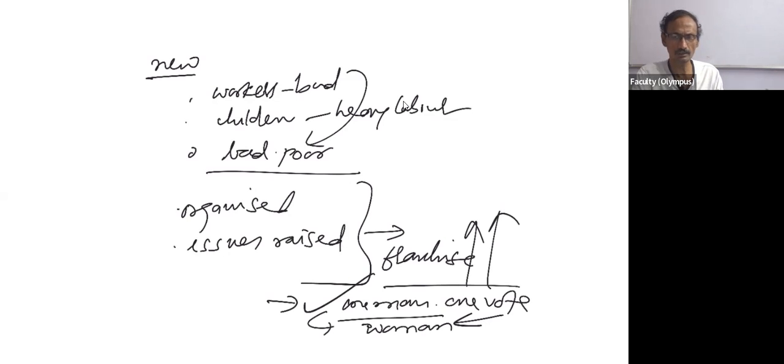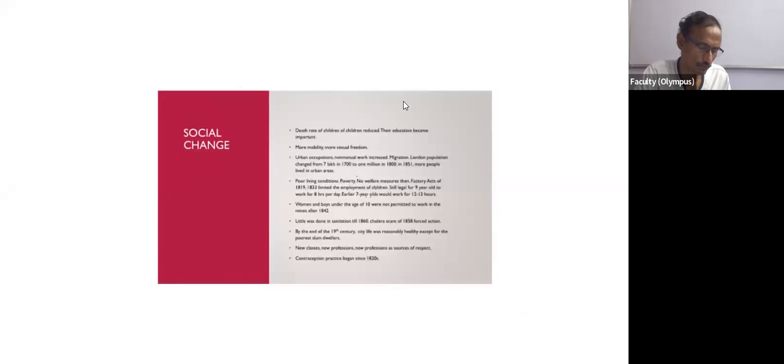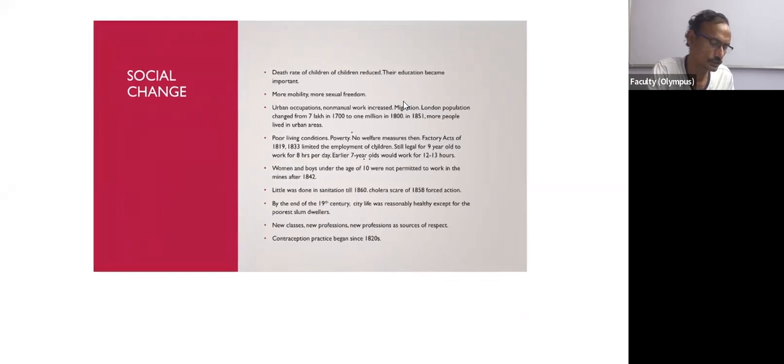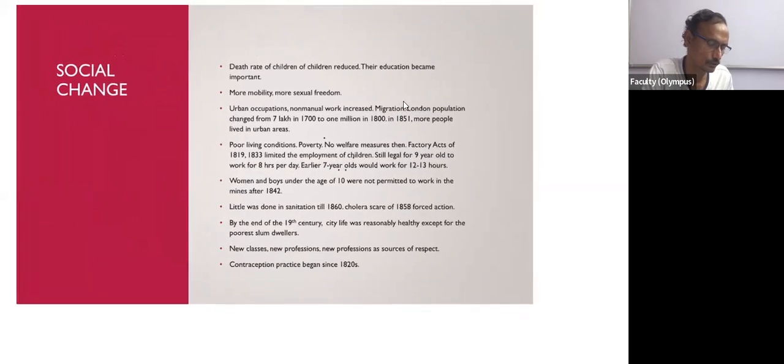Because before the Industrial Revolution, property was a very important qualification for vote, and without property there was no vote at all. Even in the French Revolution, there was no universal adult franchise. So things became different. So this is how social change took place.